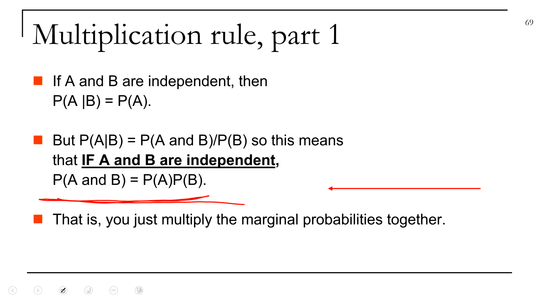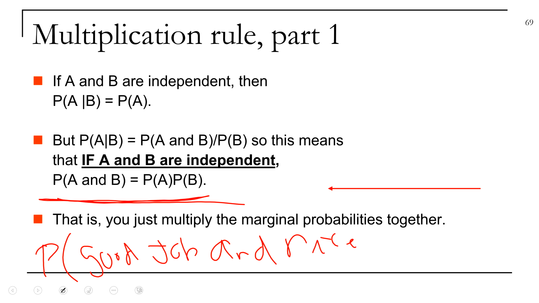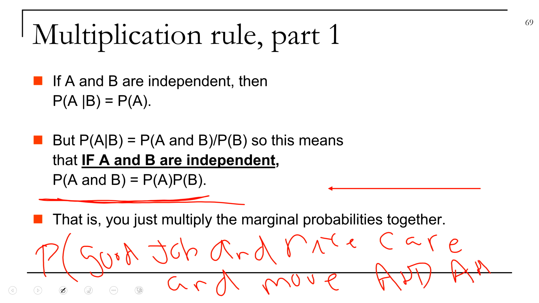This is a big deal, though, because we say life is a huge joint probability. Like, what's the probability you get a good job and you get a nice car and you move out of your parents' basement and something else and something else and something else. In general, we want to know a huge joint probability.